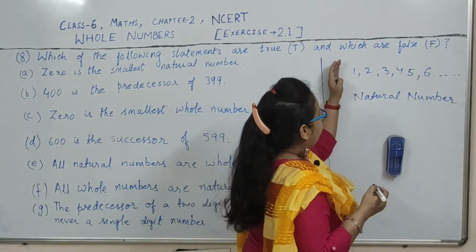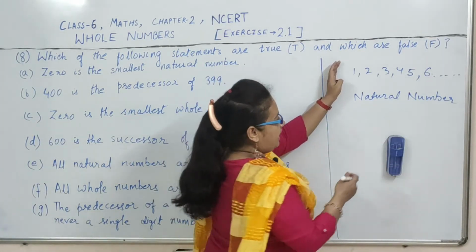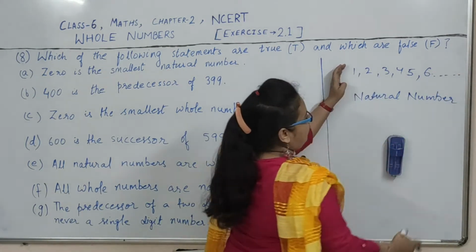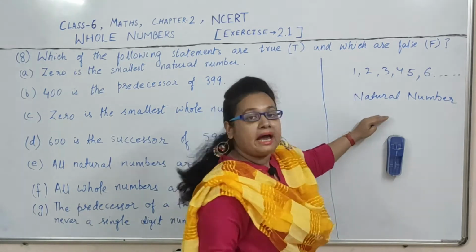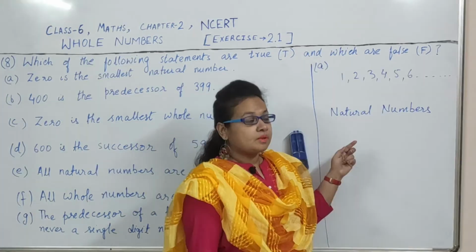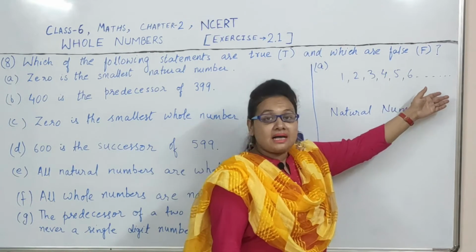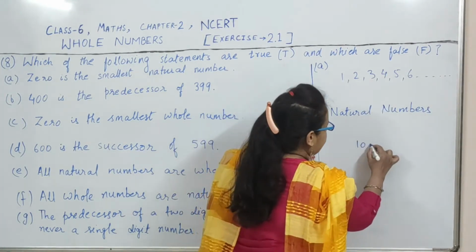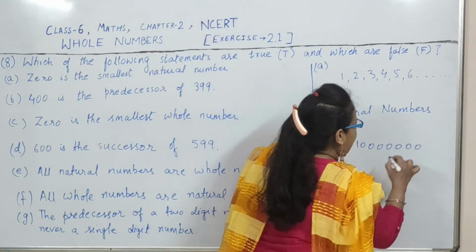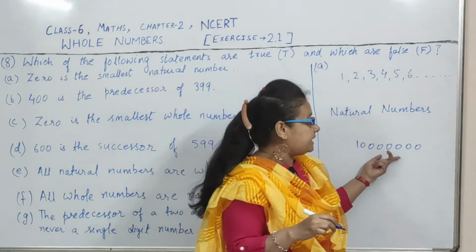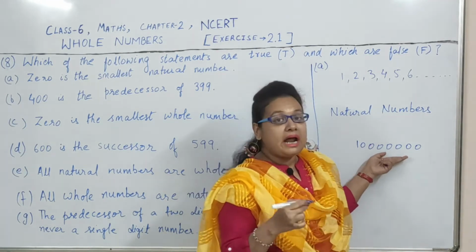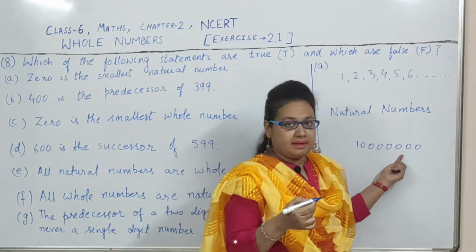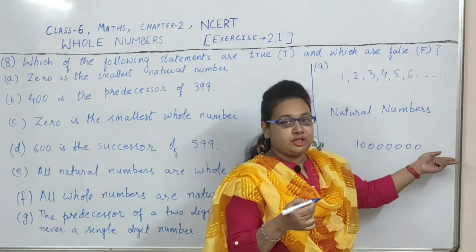This collection of numbers starting with 1, which does not have any end, is known as natural numbers. We cannot say which one is the last natural number, because if you take a very large number and say that this is the largest natural number, then one can add 1 to this number and get a number which is larger than this.